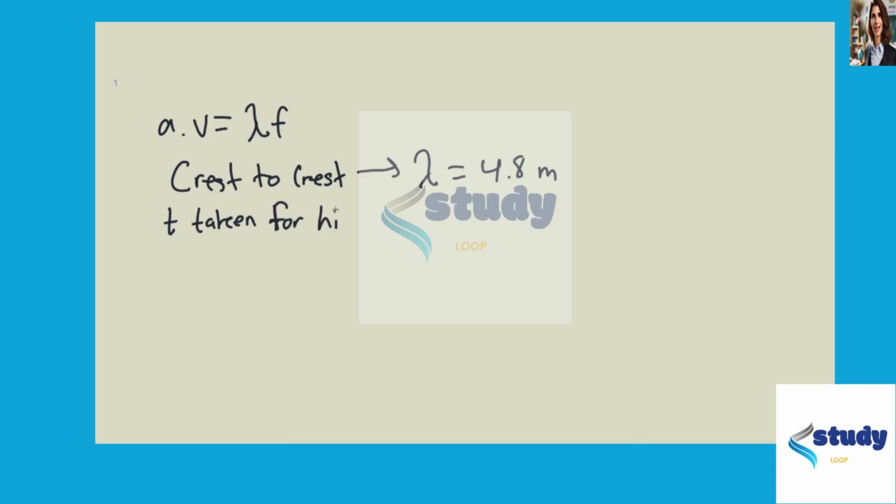for highest point to lowest point. This will always be called a half cycle. And then it's saying that it's taking 2.5 seconds.